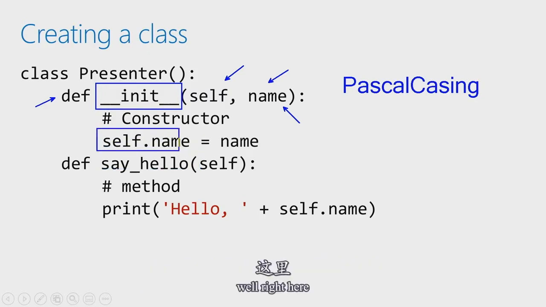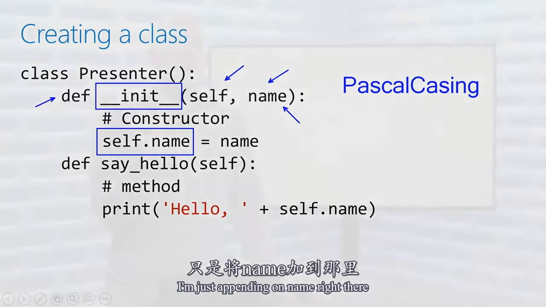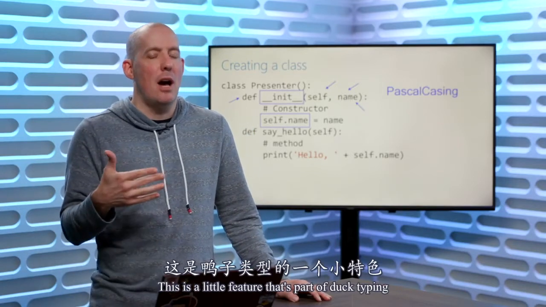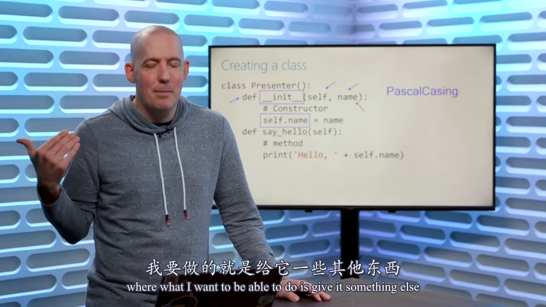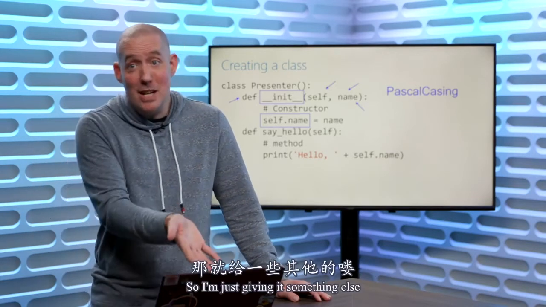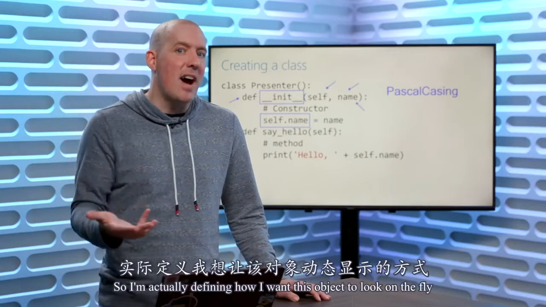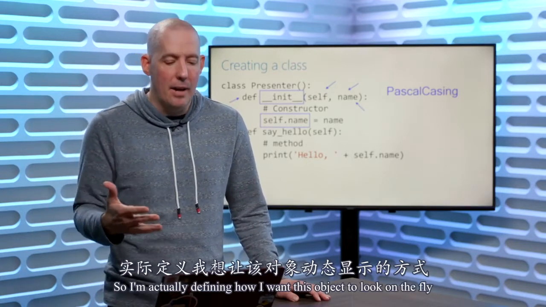The next thing that I want you to notice is right here, where I say self.name. So you're going to notice that I'm using self and I'm just appending on name right there. And this is a little feature that's part of duck typing, where what I want to be able to do is give it something else. So I'm just simply saying self dot. So I'm actually defining how I want this object to look on the fly.